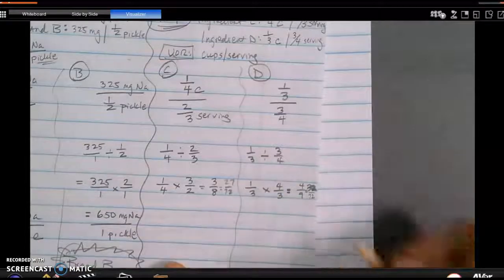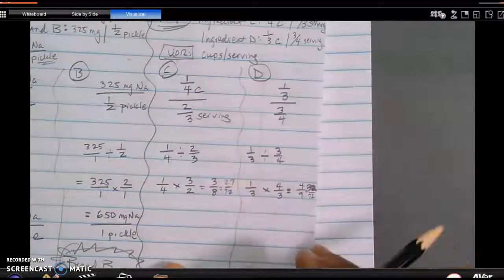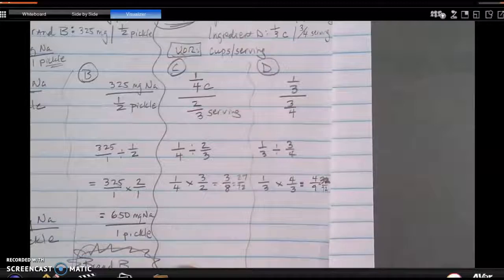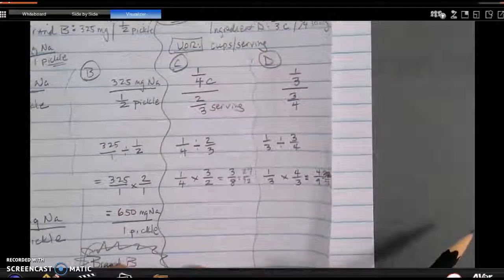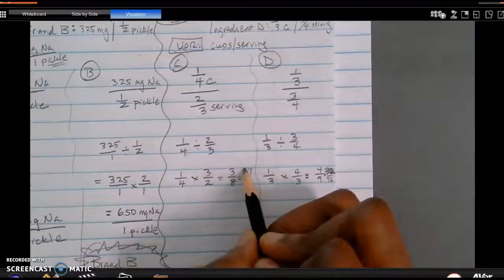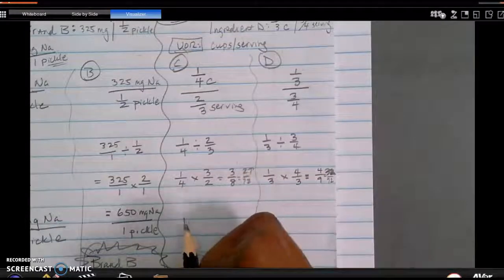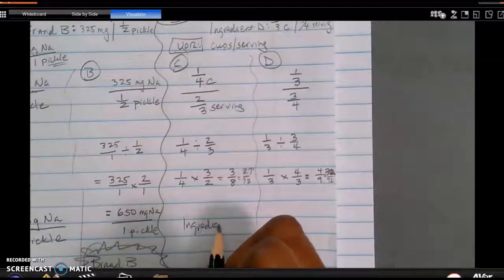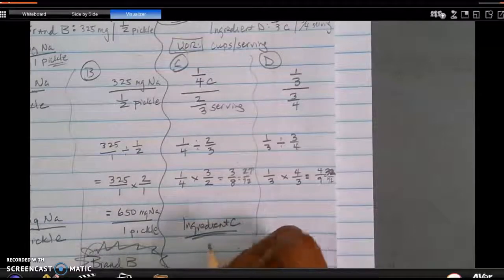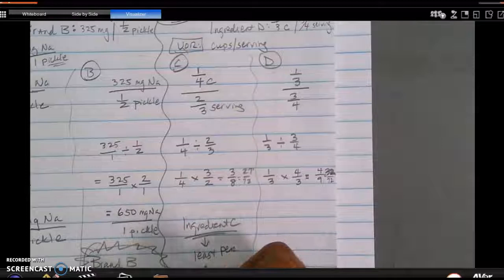So 32 over 72 and 27 over 72. So which ingredient would be the least amount? Okay, so clearly, ingredient C would be least per serving.